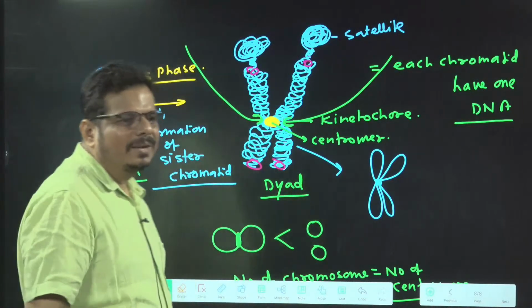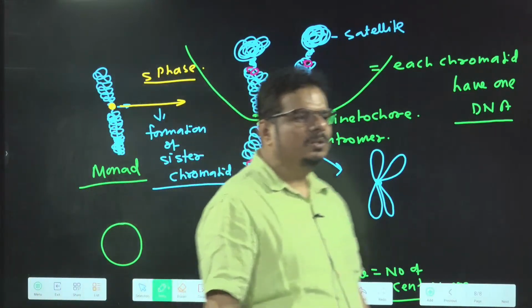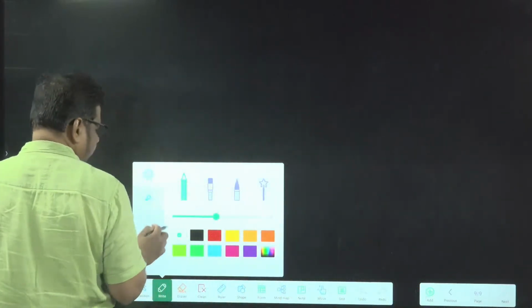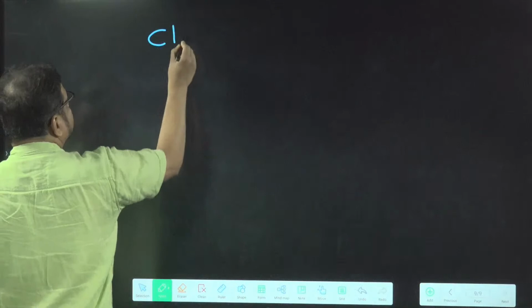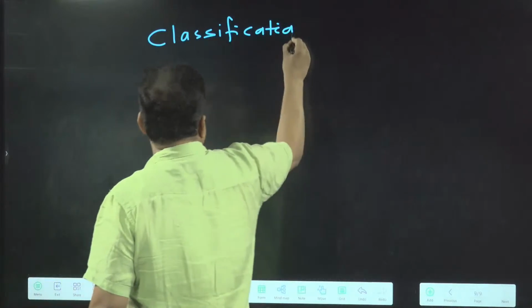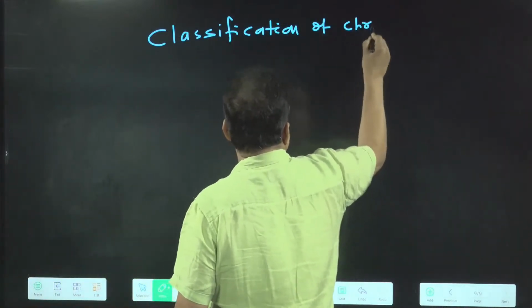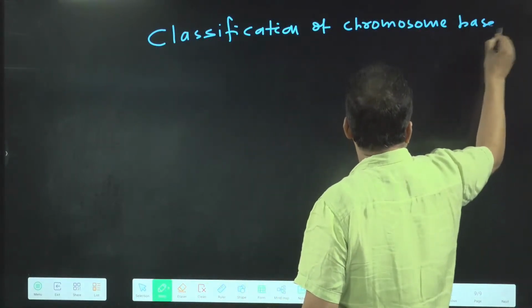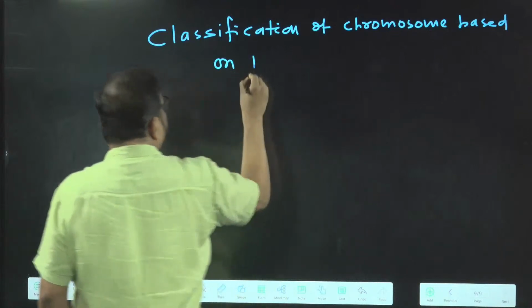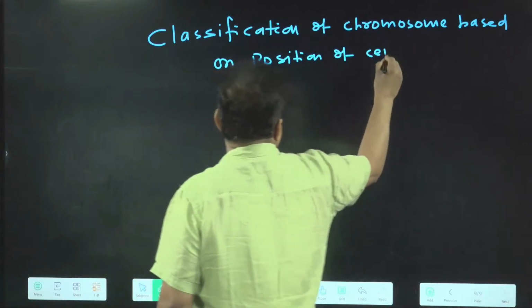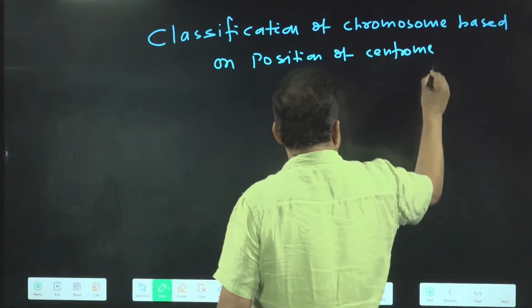Okay, ji. Now we are going to talk about classification of chromosome based on position of centromere. It is very easy, everyone knows.